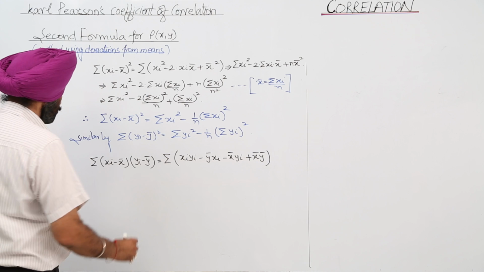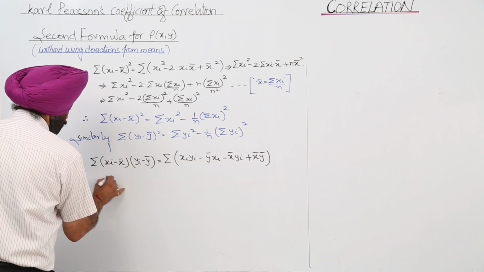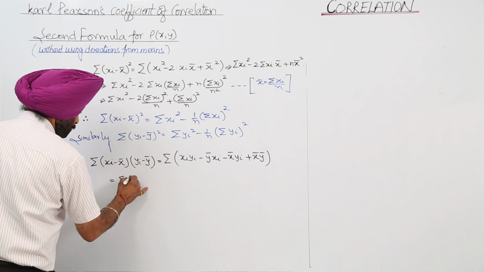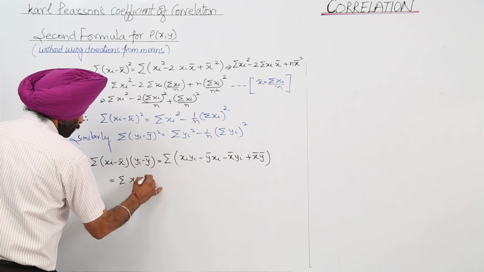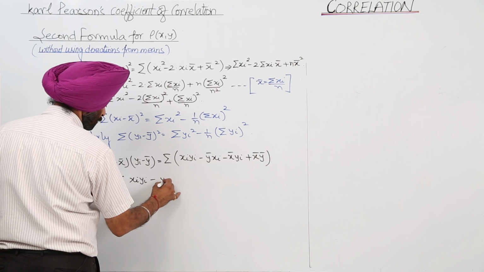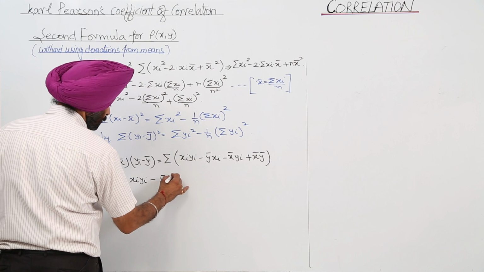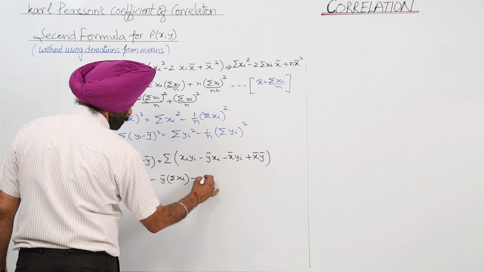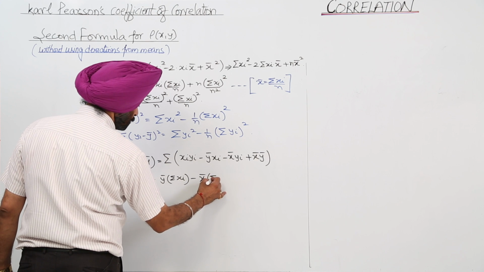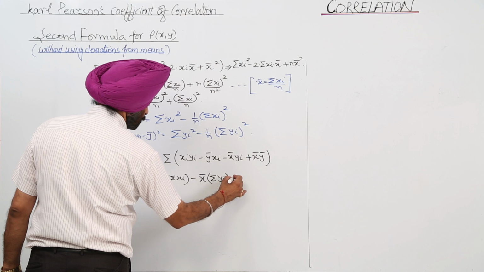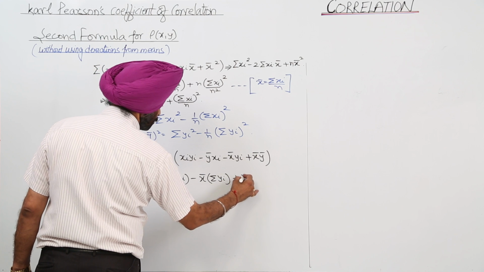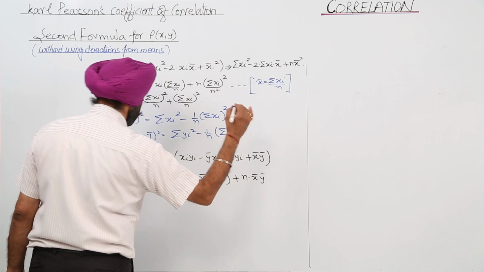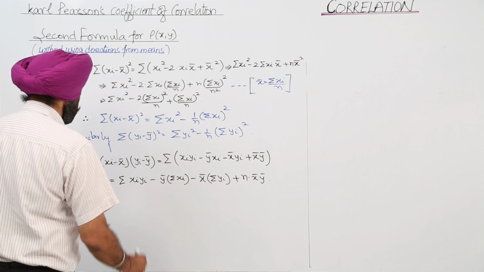Now this part becomes summation xi yi minus y mean with summation xi minus x mean with summation yi plus n times x mean y mean, opening the brackets.